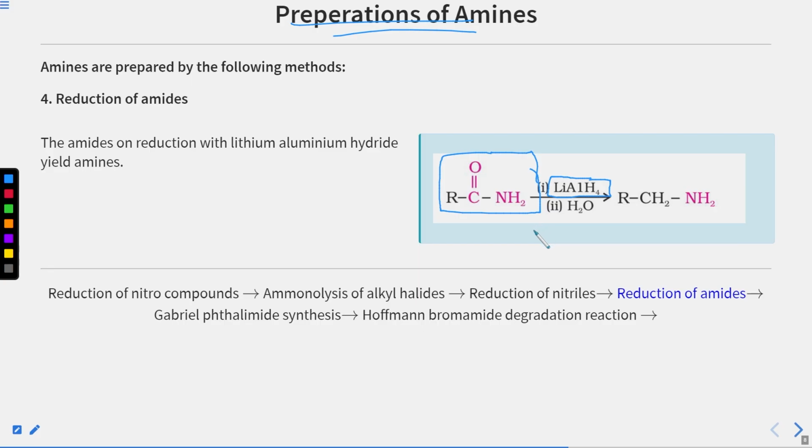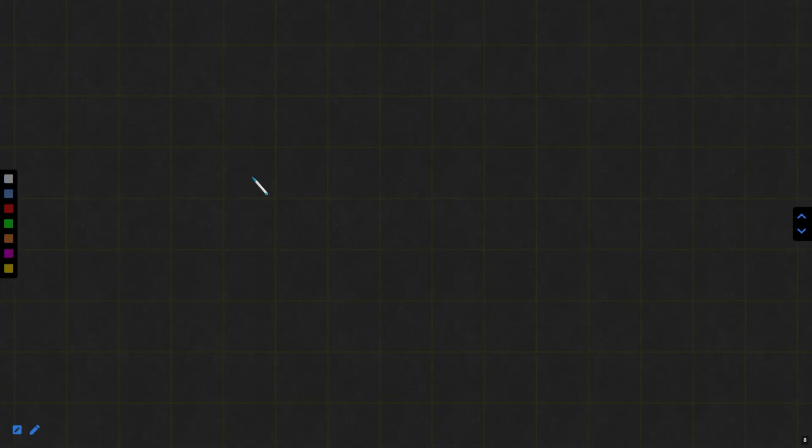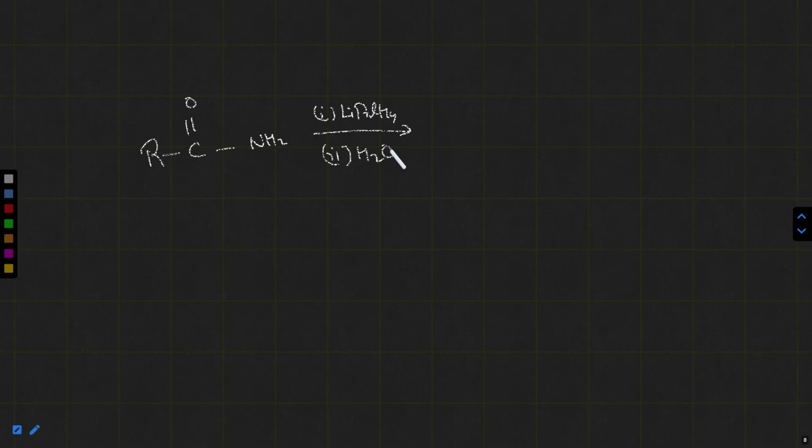Now what will happen in this reaction? How will this reaction go? So let us try to do the mechanism of this reaction. So we have RCONH2. And we are told that upon reaction with LiAlH4 first of all, and then H2O, will give us RCH2NH2.